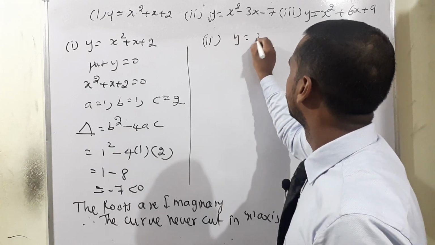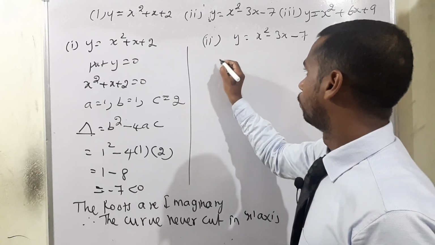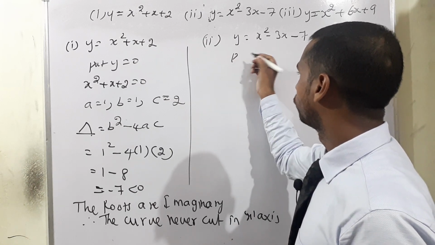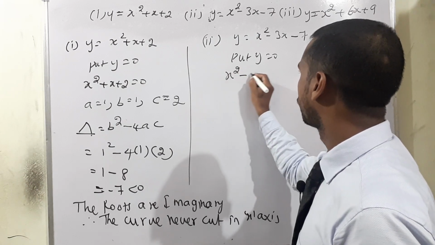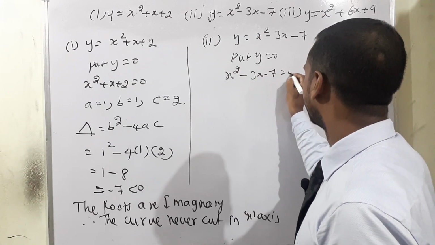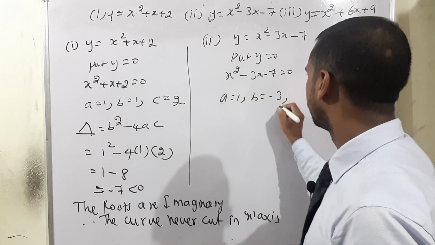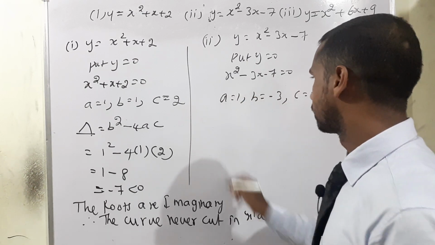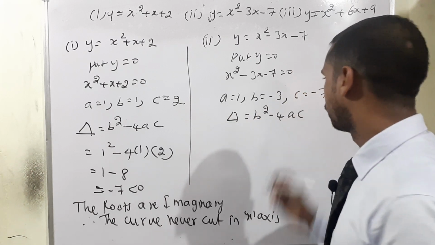So y is equal to x square minus 3x minus 7. Therefore, the condition also, to convert to equation means put y is equal to 0. Therefore, x square minus 3x minus 7 is equal to 0. So a is equal to 1, b is equal to minus 3, c is equal to minus 7. The discriminant del is equal to b square minus 4ac.